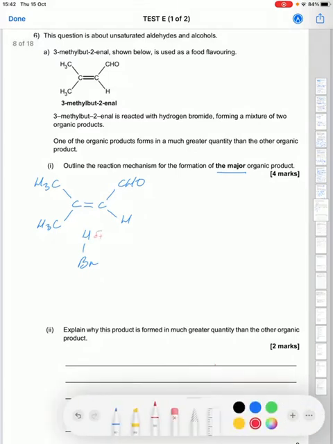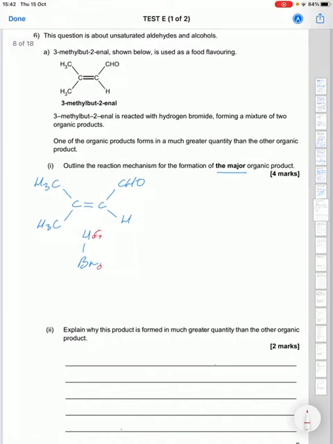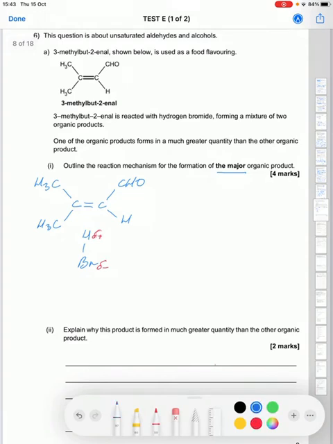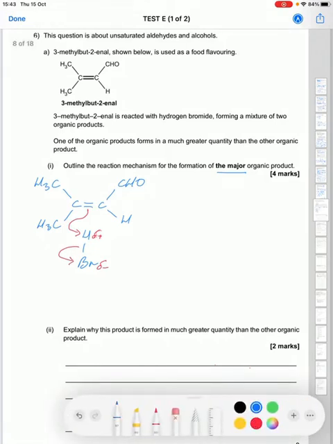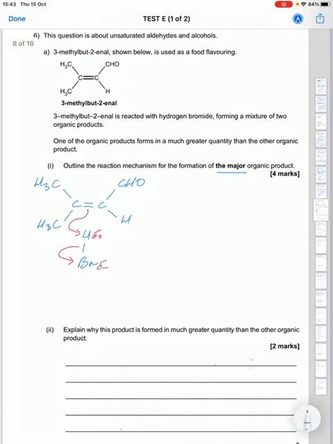So delta plus, delta minus. So the delta plus end of the molecule is attracted to the electron-rich carbon-carbon double bond, from the middle of there to the hydrogen. And then the hydrogen-bromine bond breaks, going to the bromine because that's the most electronegative, which is going to give us our carbocation. The question is, which is the correct carbocation?